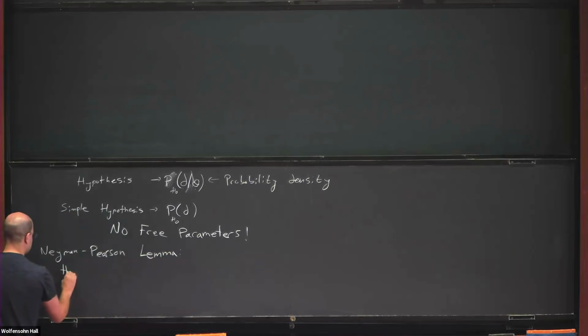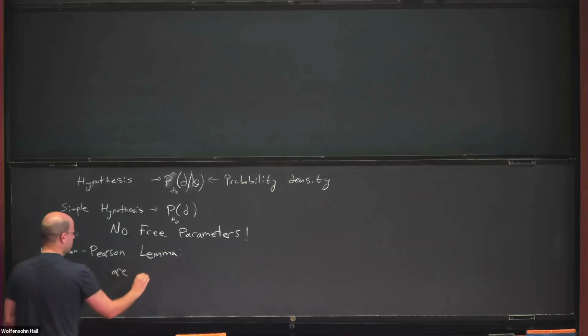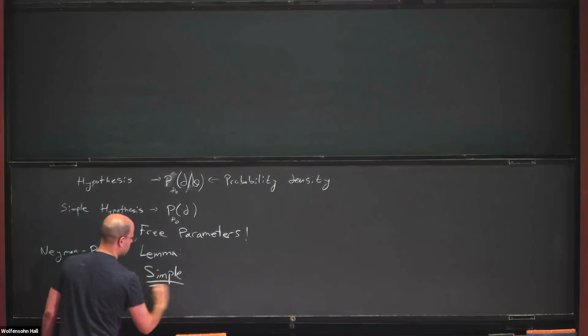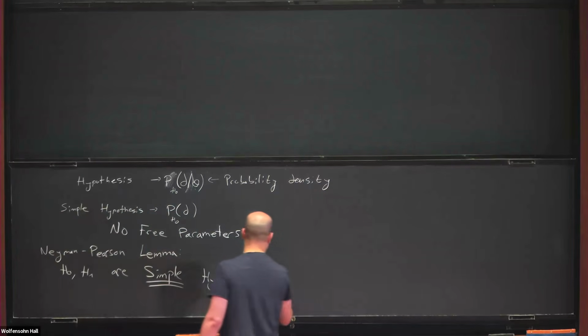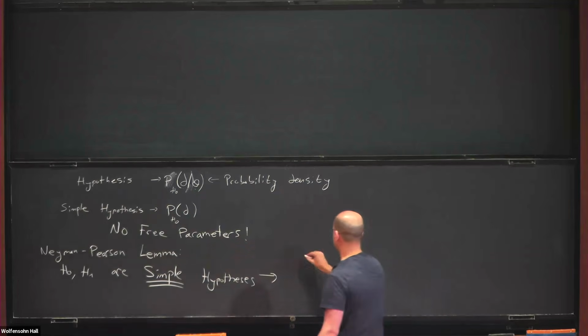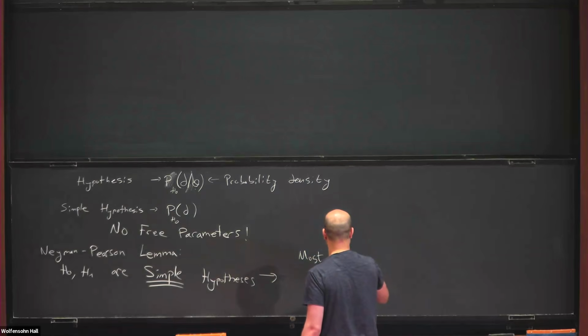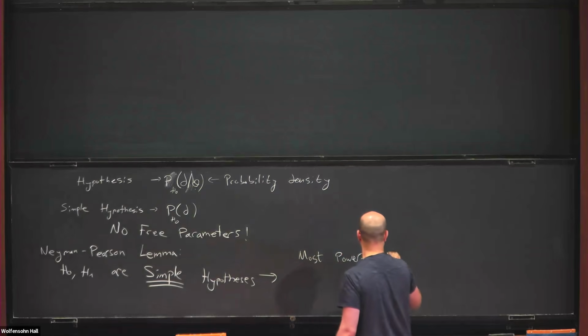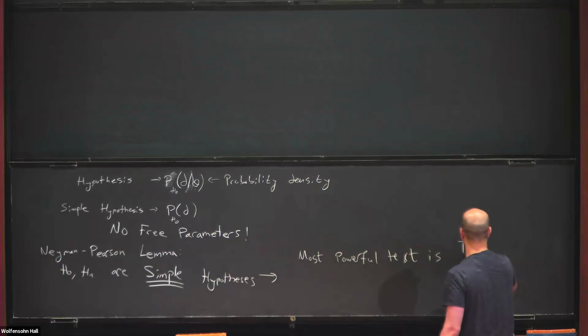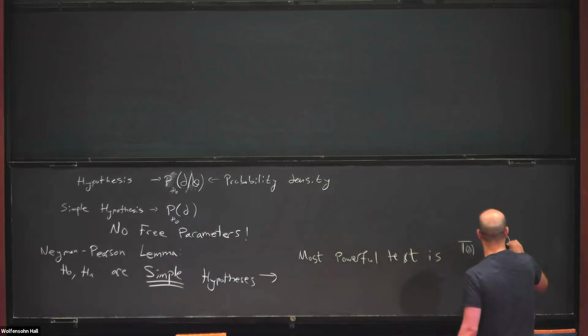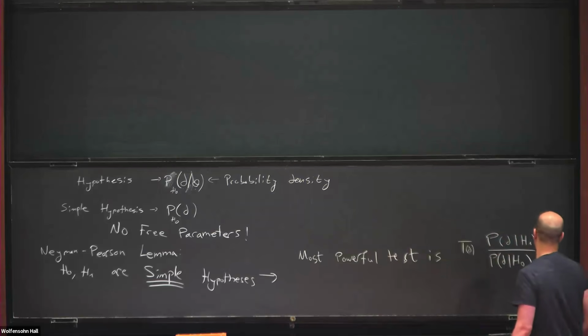If H0 and H1 are simple hypotheses, then the most powerful test, and we will define what the power of a test is, is the probability of data given H1 divided by the probability of data given H0, a function of the data, and we compare it to some threshold eta.